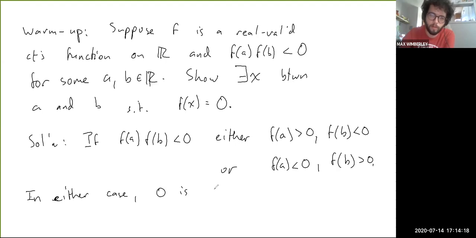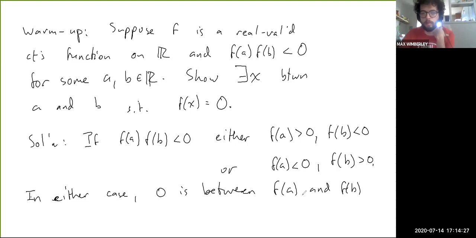zero is between f of a and f of b, right? And clearly a can't equal b, because otherwise this would be impossible.